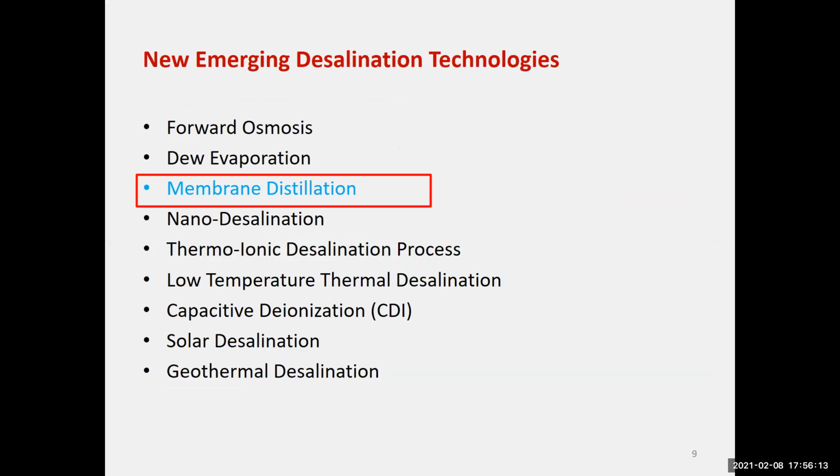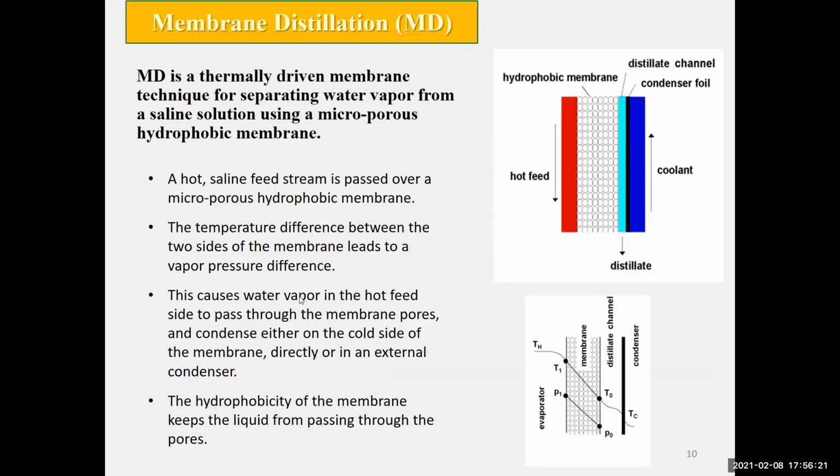Several technologies are there. The one that we are picking up to start talking about is the membrane distillation technology. In the membrane distillation technology, it is basically a thermally driven process. So although there's a membrane there, the process is thermal. Why thermal?